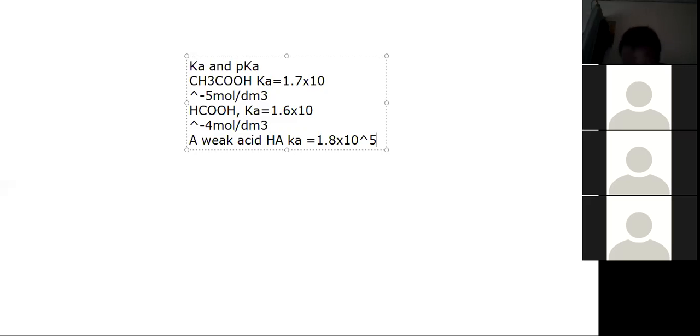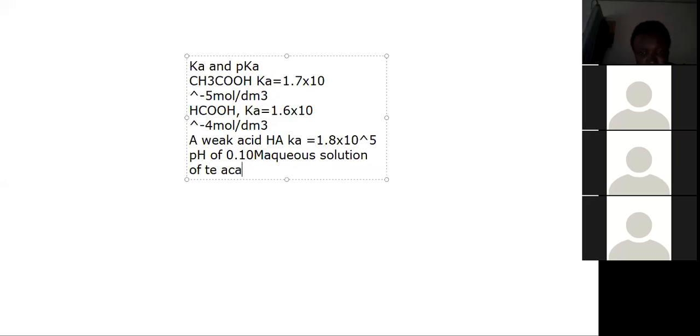Calculate the pH of 0.10 molar aqueous solution of the acid.